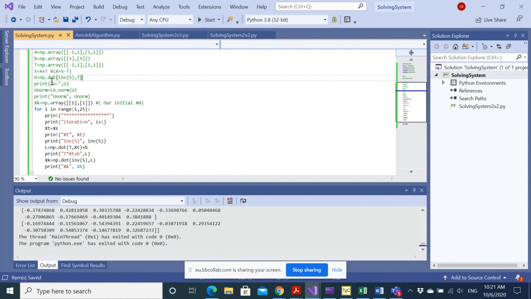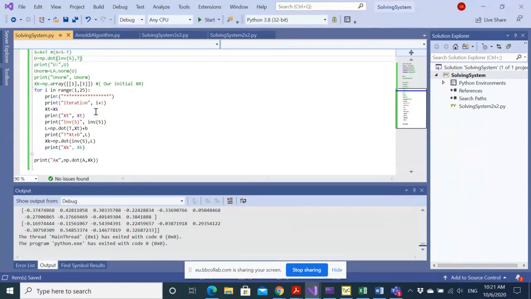So once we've set our initial solution x0, we just have to code this iteration here, where I just have to perform the inversion, where the new solution is equal to the inverse of S times the matrix T x plus B. So I define L to be T x0 plus B, your initial solution.